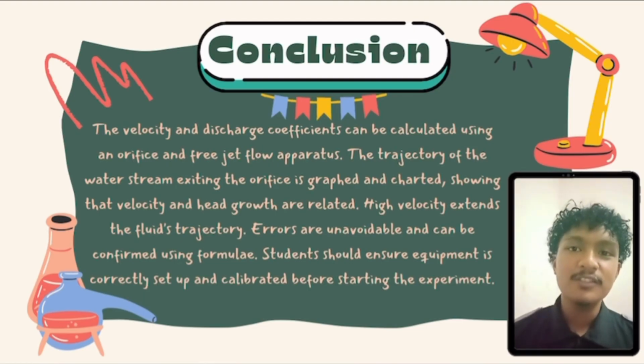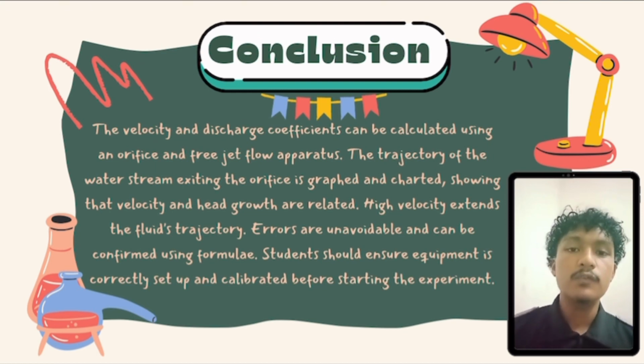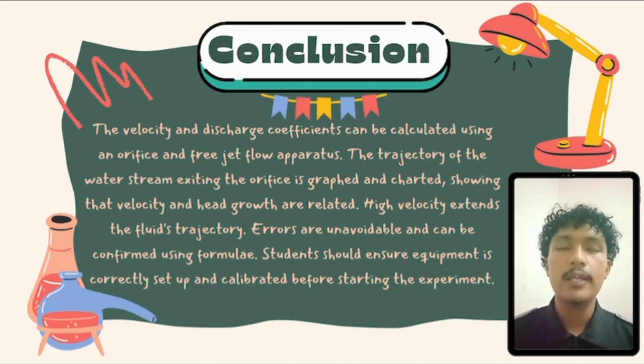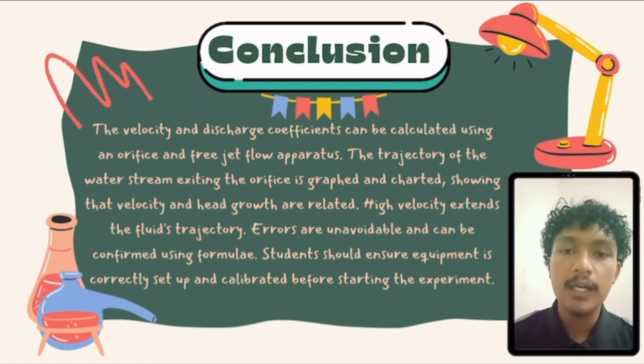For the conclusion, using the orifice and free jet flow apparatus, the coefficient of velocity and discharge may be calculated by measuring the trajectory of the water stream flowing out of the orifice, and then the course of the fluid exiting the orifice may be followed by graphing and charting the change in height per distance.